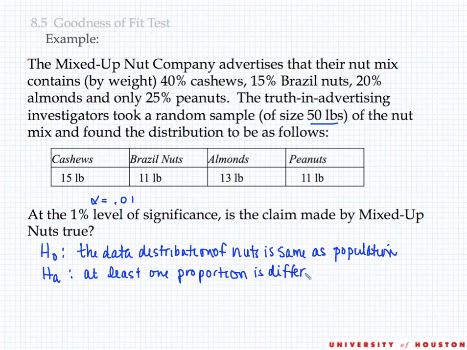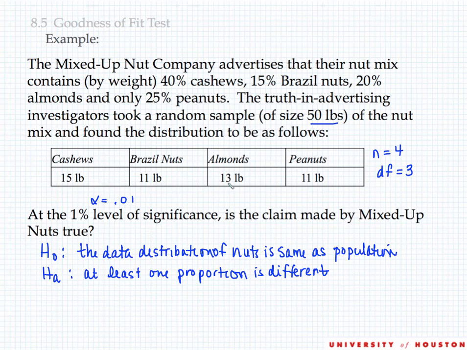Now in here we're not going to be concerned with which one is different. There are other tests, and you can, in other statistics classes, go a little further to find that out. Now, we have 4 different types of nuts. That's our count for N, not the 50 pounds. So our degrees of freedom is 4 minus 1, which is 3.